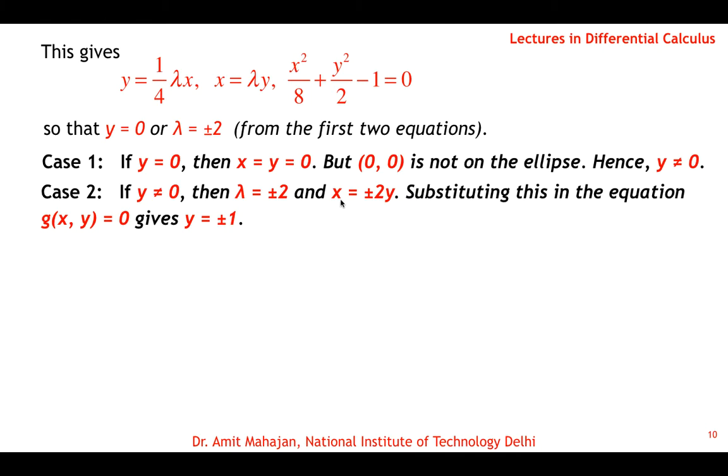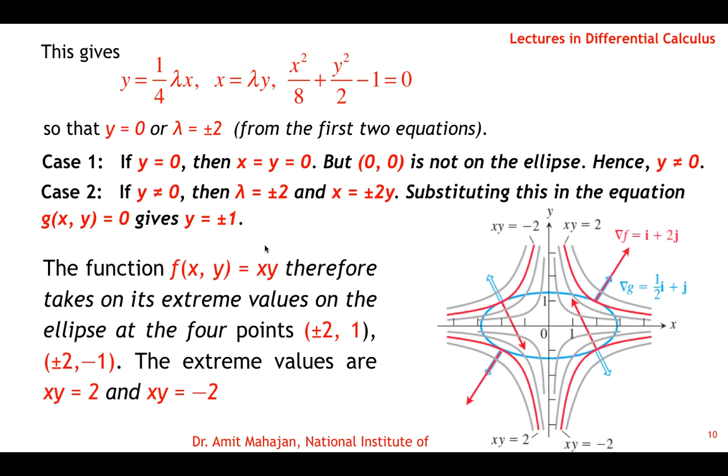If we substitute x as this here, then we can solve and find the y values. So y must be plus minus 1, and if y is plus minus 1, then we again get x. So the function f(x, y) = xy therefore takes on the extreme values on the ellipse at 4 points.